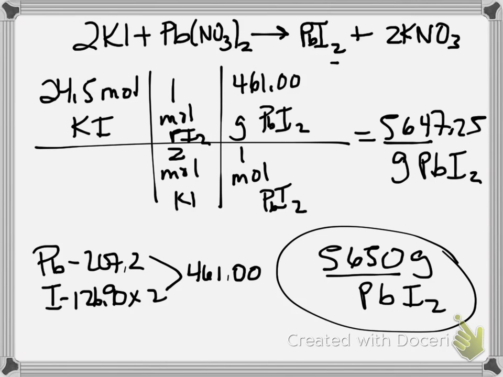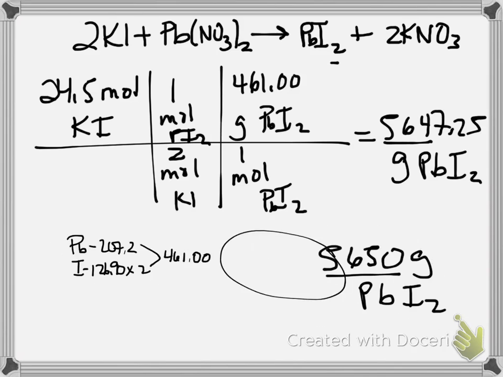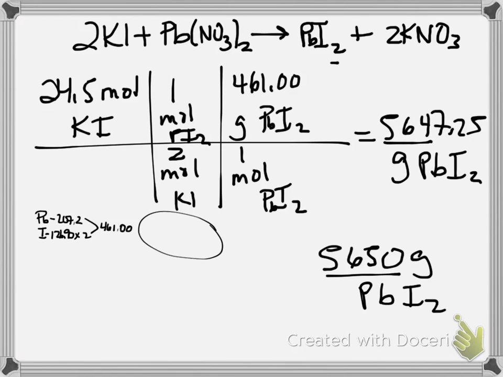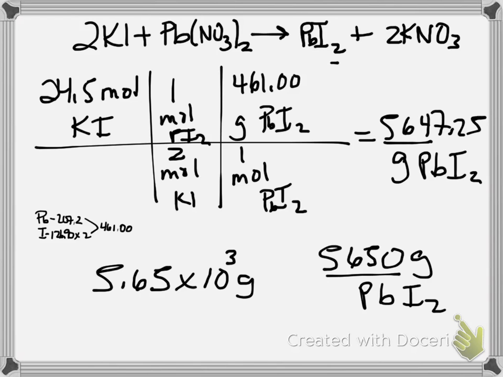Okay, so the question was, could you use scientific notation for that? You could, but you'd have to be careful, because with scientific notation, remember that everything that is shown in scientific notation is significant. So if you write this in scientific notation to have 3 sig figs, you have to do that.